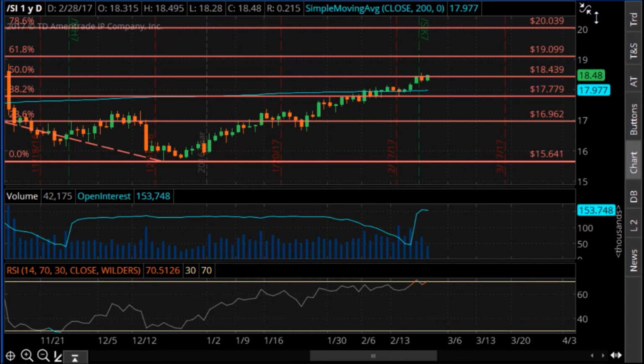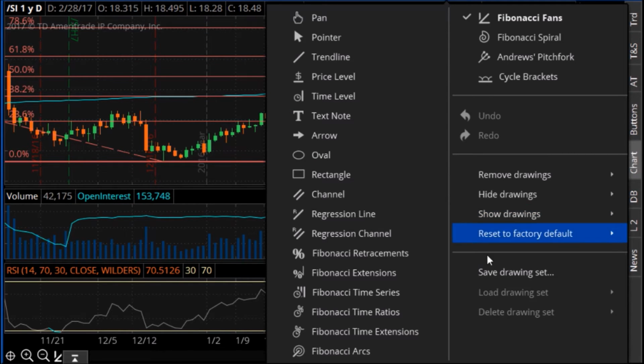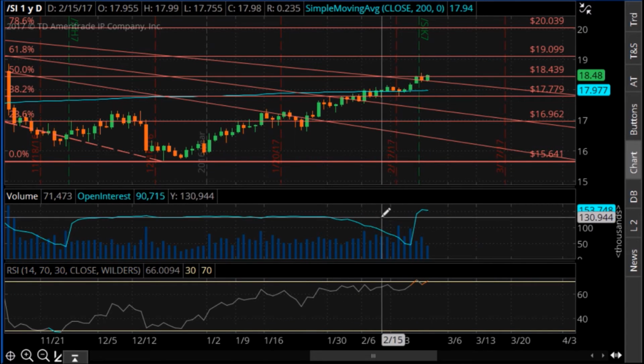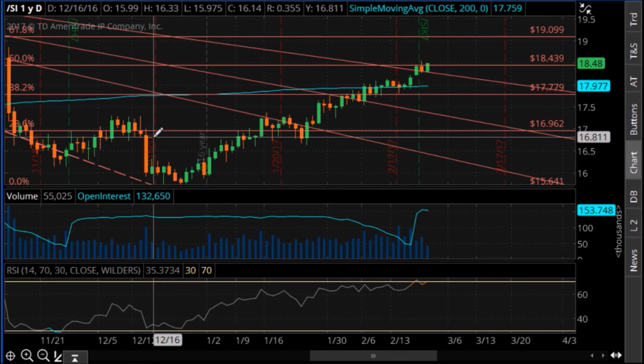Okay, so let's see how we use Fibonacci fan lines to identify where the market may give us some kind of resistance levels. We use the Fibonacci trend lines to give us an indication of support and resistance.